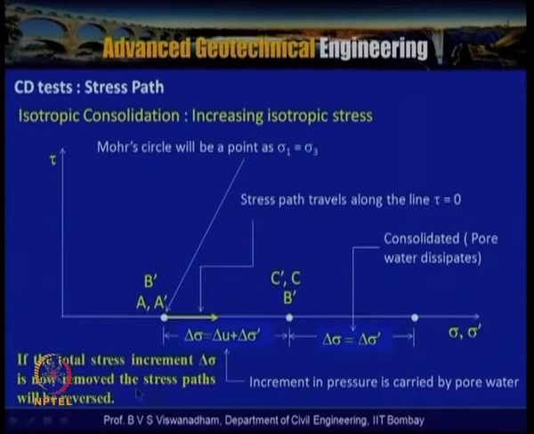If the total stress increment delta sigma is now removed, the stress paths will be reversed in the opposite direction. So it has traversed like this, but if delta sigma is removed, the stress paths will be reversed.